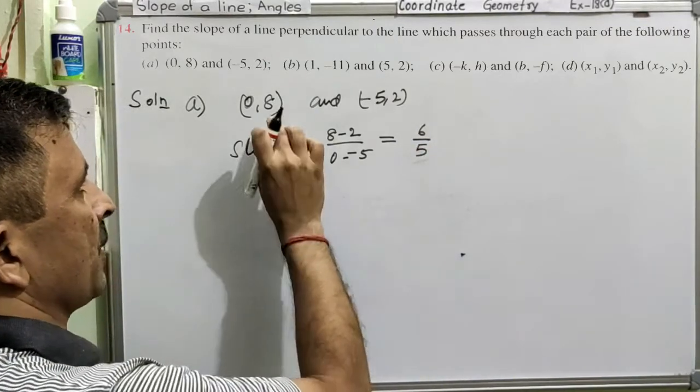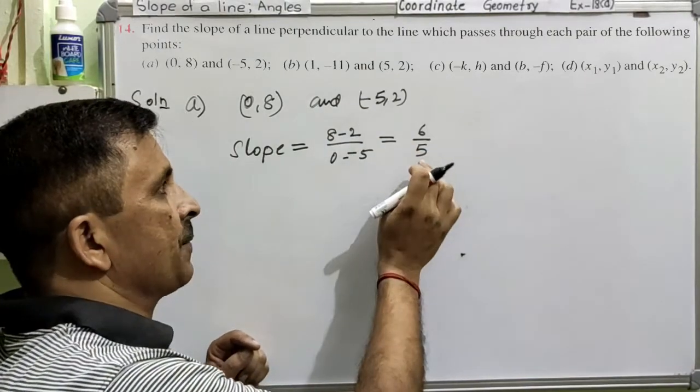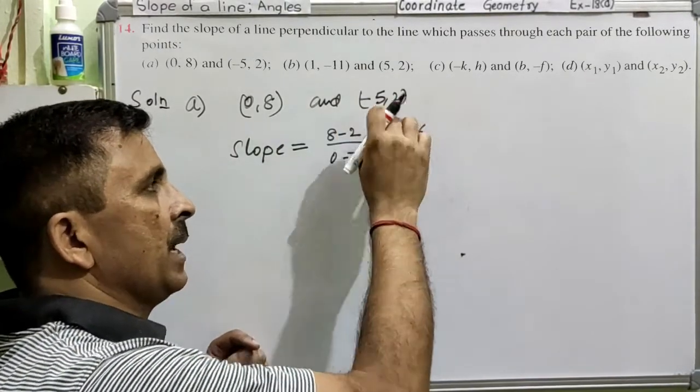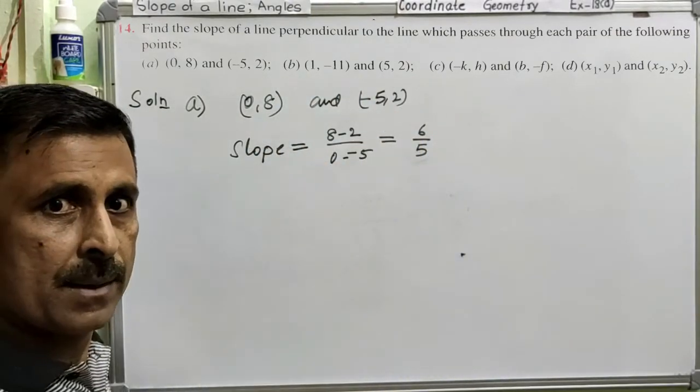Clear? Now the slope of the join of these 2 points is this. Is this okay? Now if this is the slope of this line, then what could be the slope of the line which is perpendicular to the join of these 2 points? Clear?